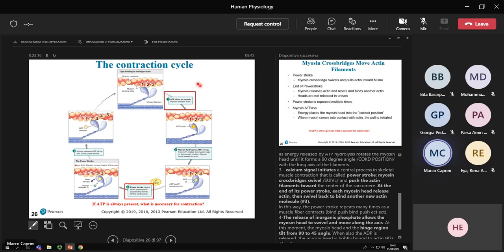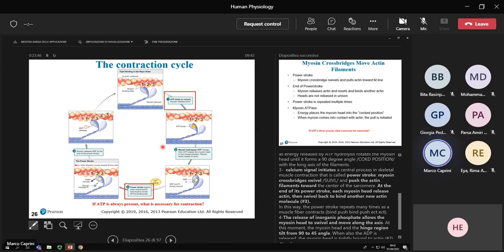It is always important that in the muscle ATP is present and calcium is present. In this way, the power stroke repeats many times during muscle fiber contraction. Bind, push, bind, push, bind, push. The muscle can contract when the ATP and the calcium signal are present. Obviously, the ATP is always present in the muscle.